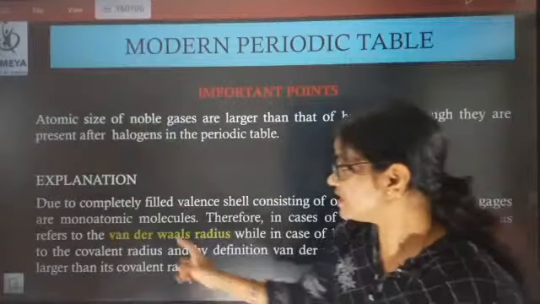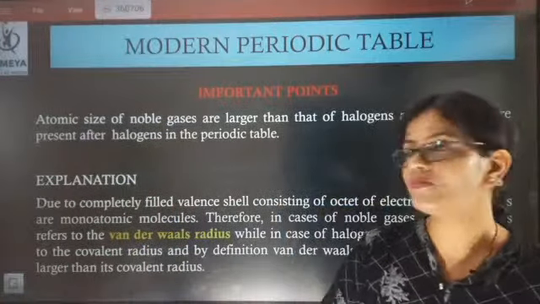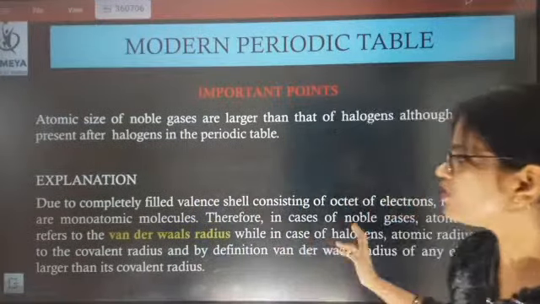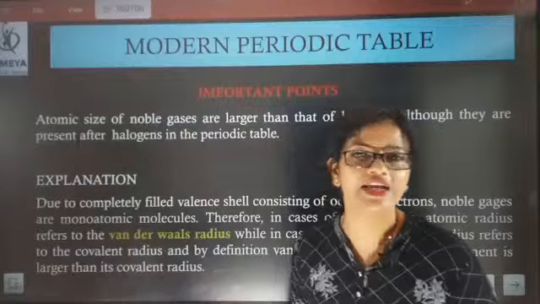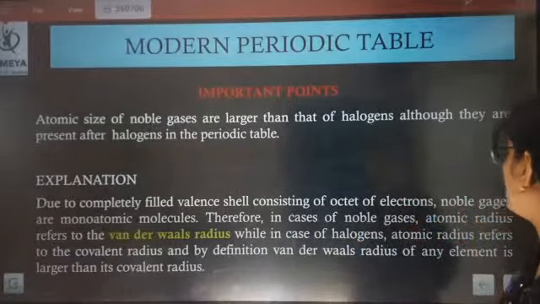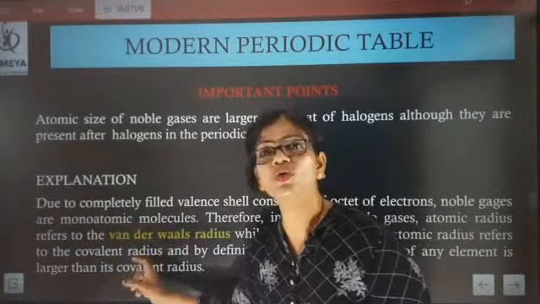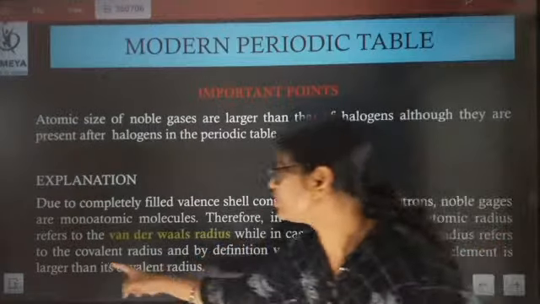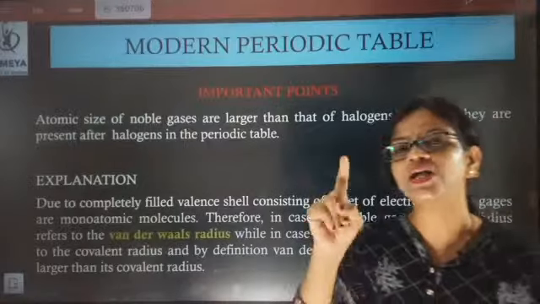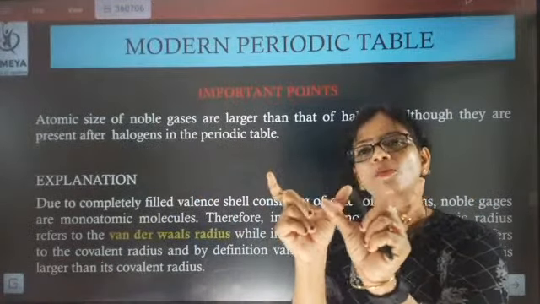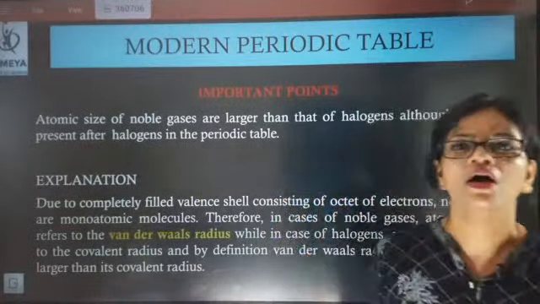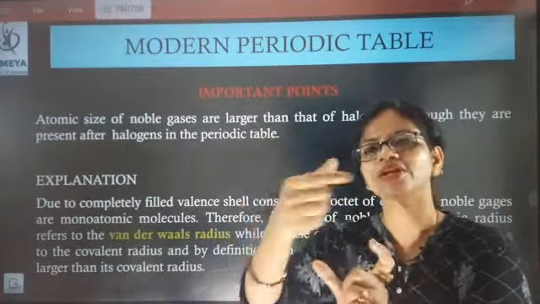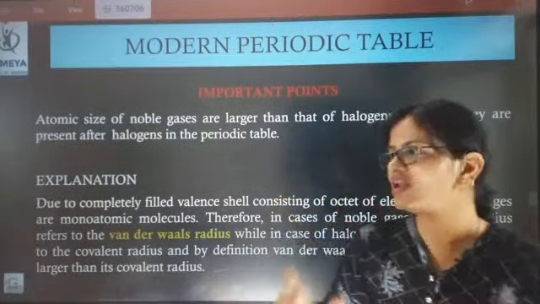The answer is that noble gases are monoatomic gases. Their outermost shell is completely filled, so they can exist in nature in a free state. That's why in noble gases atomic radius refers to van der Waals radius, while in halogens atomic radius refers to covalent radius. I showed you that between two halogen elements, chlorine and chlorine form a covalent radius.